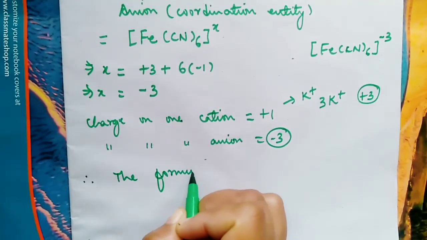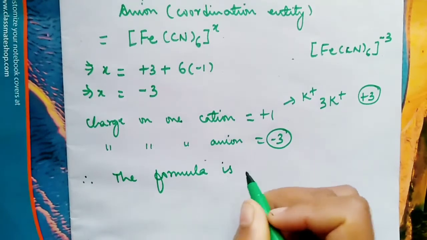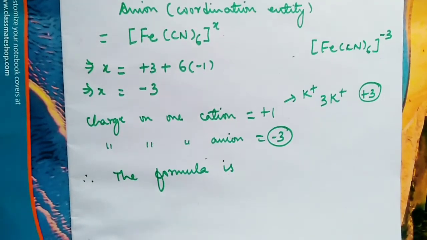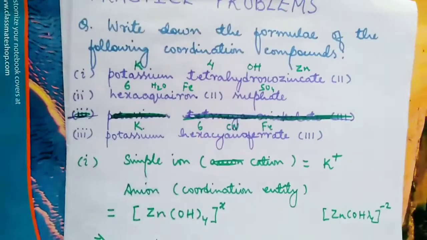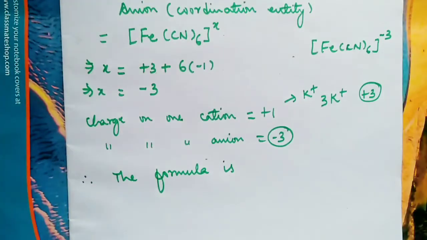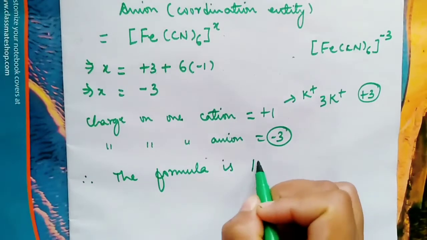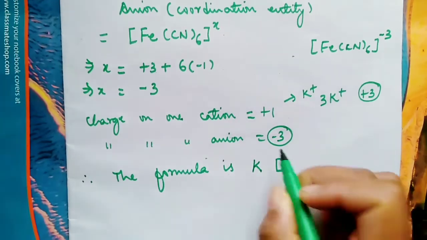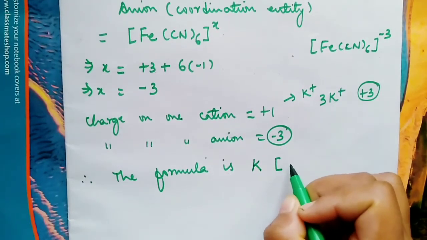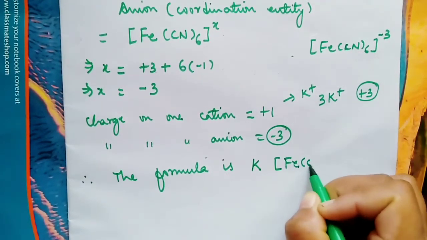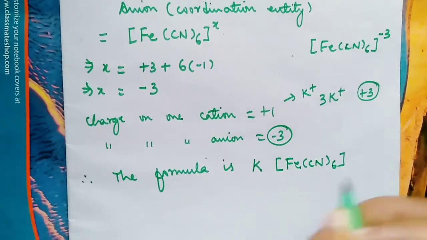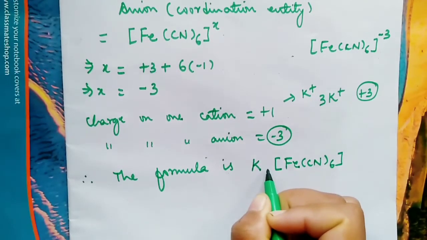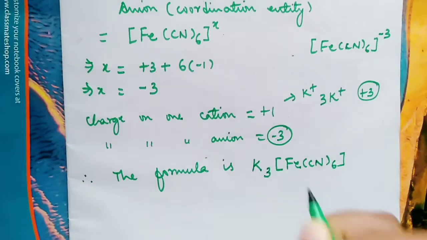So thus the formula for the given compound is, write first the cation, potassium, and then leave some space, write the coordination entity, Fe(CN)6. Okay, so what should I write here? It should be 3.